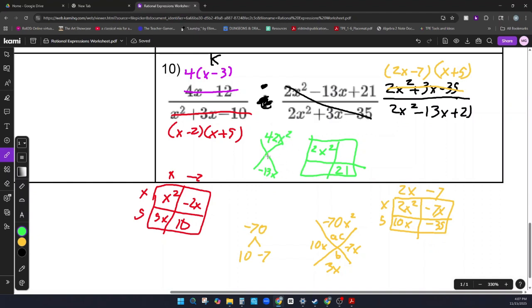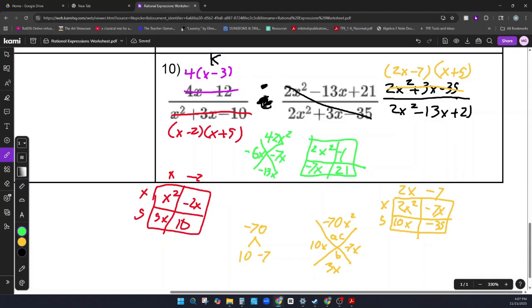And if I remember multiplication facts, I know that 42 can be made by multiplying 6 and 7. That will add to be 13, but I need a negative 13. So if I make both of them negative, that still works. Negative 6 times negative 7 gives me positive 42, and negative 6 plus negative 7 gives me negative 13. Throw an x on both of them, and I found my combination that works.